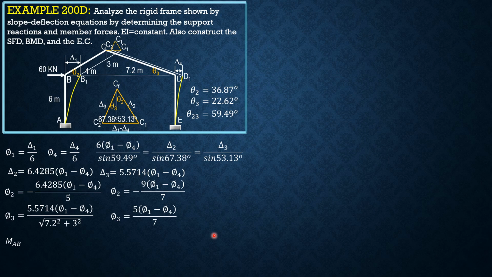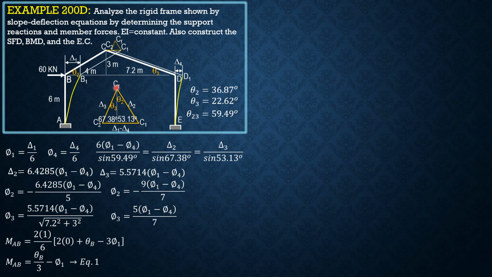So we then set up moment equations. MAB equals 2 times EI1 over L6 quantity 2 times 0 plus theta B minus 3 times P sub 1. So this is P sub 1, the rotation of chord AB, which is clockwise. So MAB is equal to theta B over 3 minus P sub 1, call that equation 1.